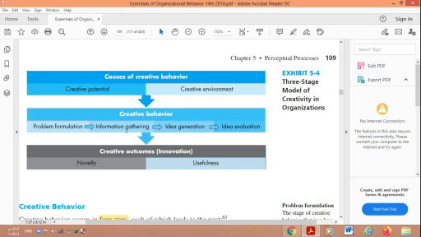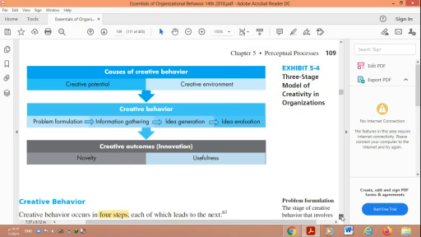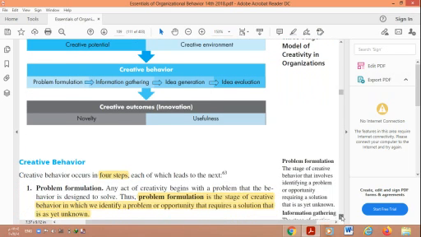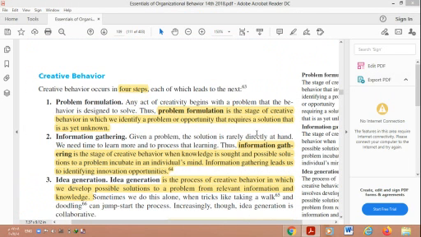According to creative behavior, we have causes of creative behavior and the outcomes of creative behavior. The causes are related to the creative potentials and creative environment. And the outcomes are innovations, related to the novelty and the usefulness of this creative behavior for the organization. So the creative behavior occurs in 4 steps.